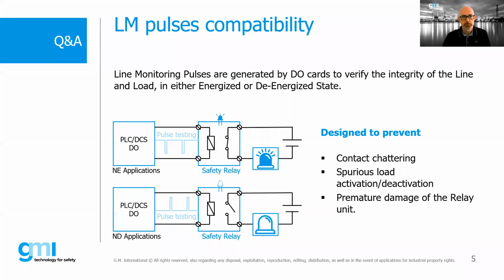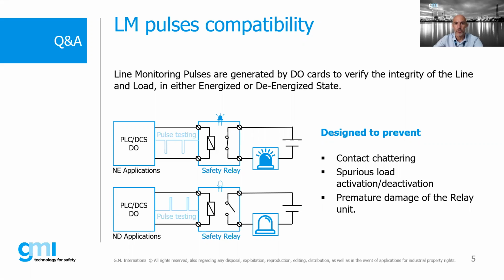One more thing, Massimo. Yes, there are systems where the pulse testing cannot be deactivated. It's important to know that, because if you cannot deactivate it, you can incur, with some types of safety relays, that your load will be activated continuously, because the relay is not able to absorb this pulse; it's not compatible with the pulse testing.